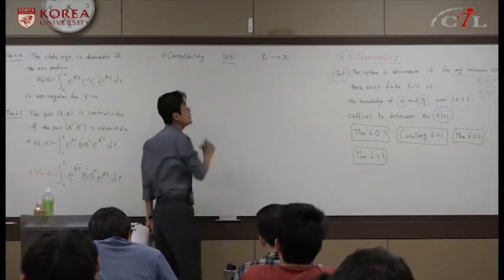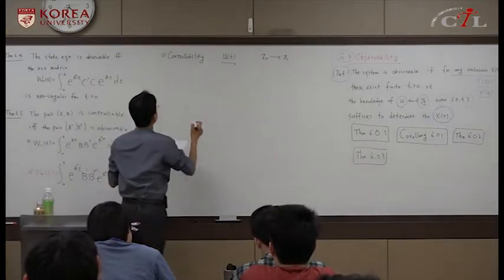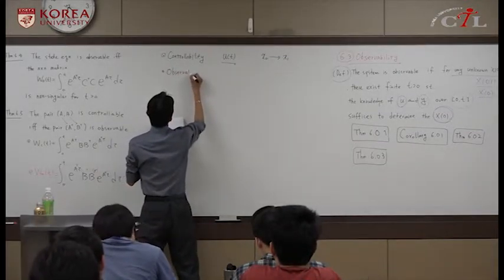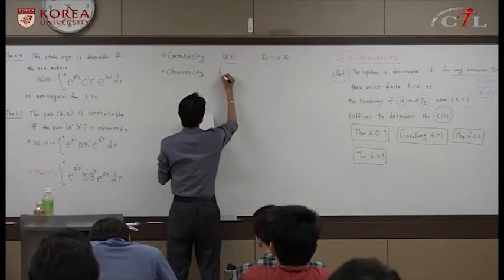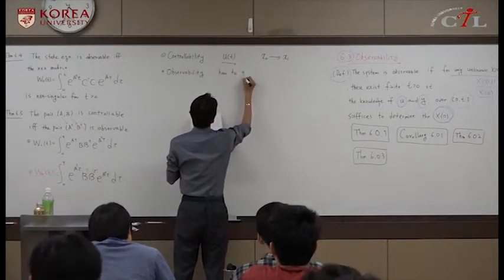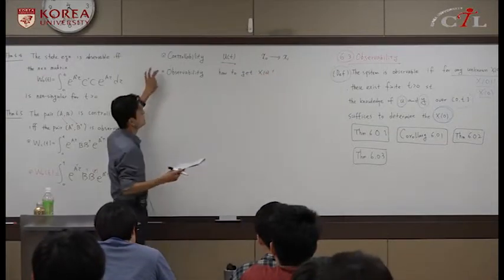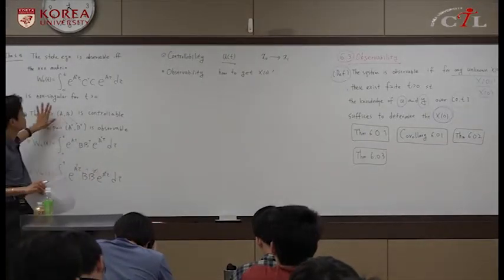There is a specific way of finding u(t). Similarly, in the observability, how to get x naught given the information. This is a different thing. Other things are basically the same because of duality.